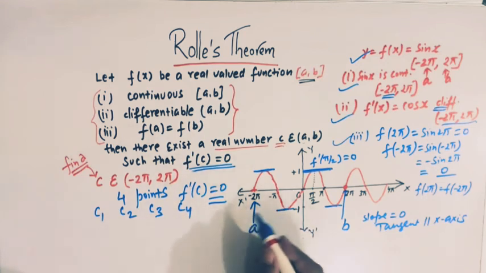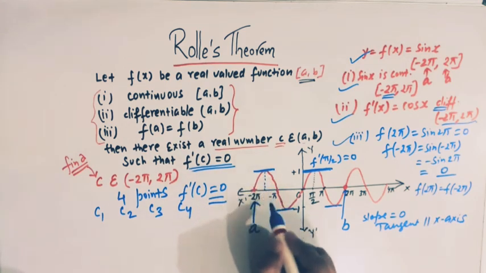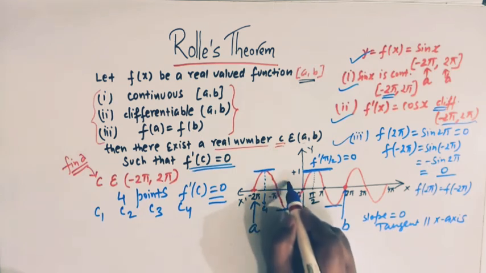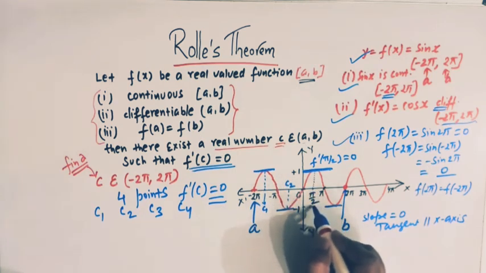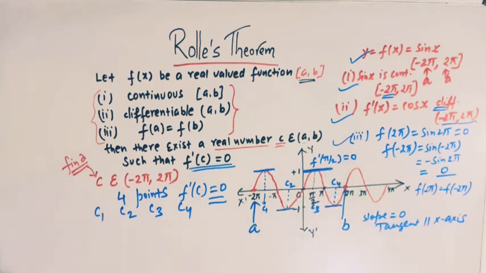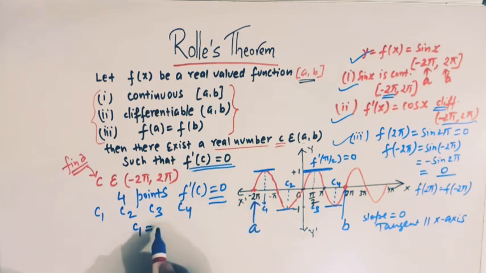So let us find what are c1, c2, c3 and c4 with the help of graphs. So here we have say if we take it c1, this is c2, this is c3 and this is c4, right? So c1 is, here we have c1, so here we have minus 3 pi by 2, right?